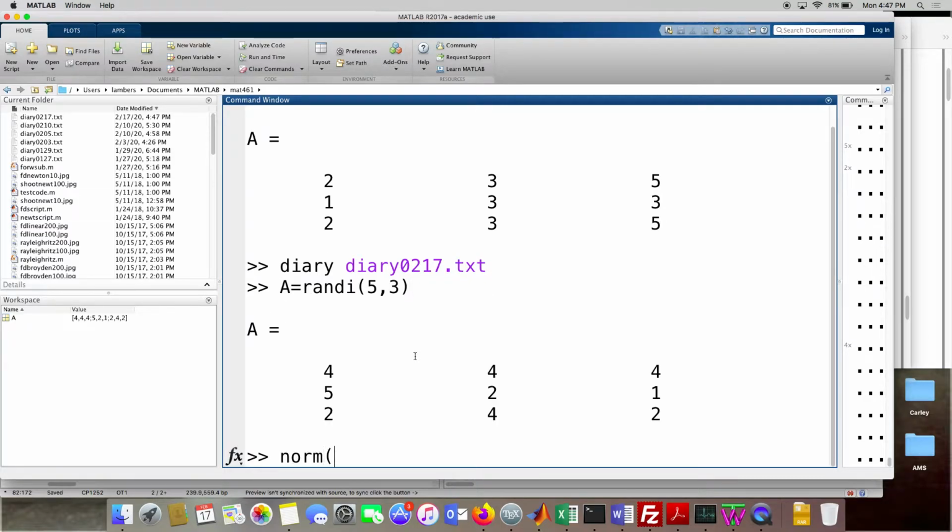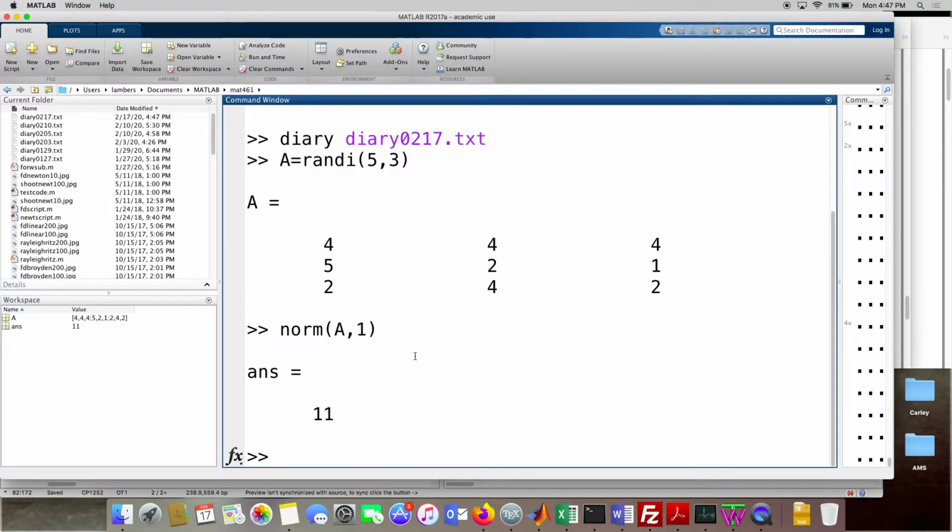So I take the norm of A for the 1 norm. Okay, 11. So I sum the entries in all the columns. This column, entries add up to 11. Here they add up to 10. And here they add up to 7. So that's for the 1 norm. For the rows, I get 12 for the first row, 8 for the second, and 8 for the third. So I could do norm A infinity.